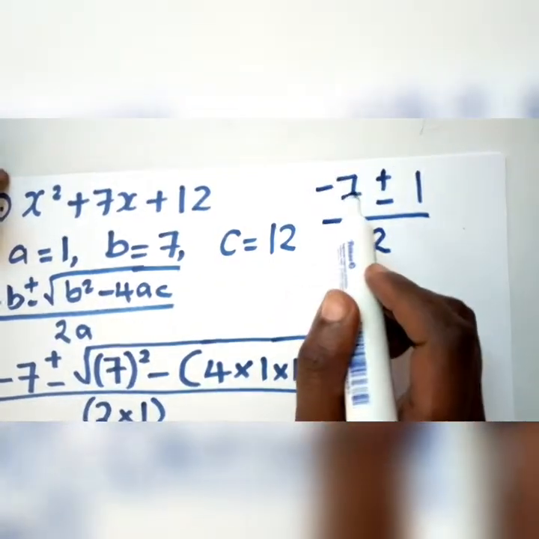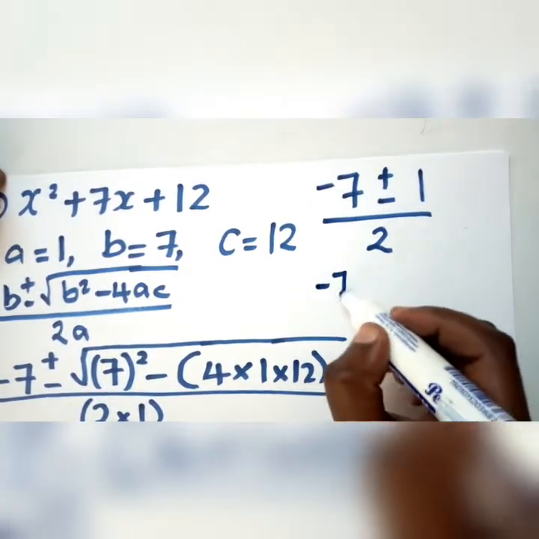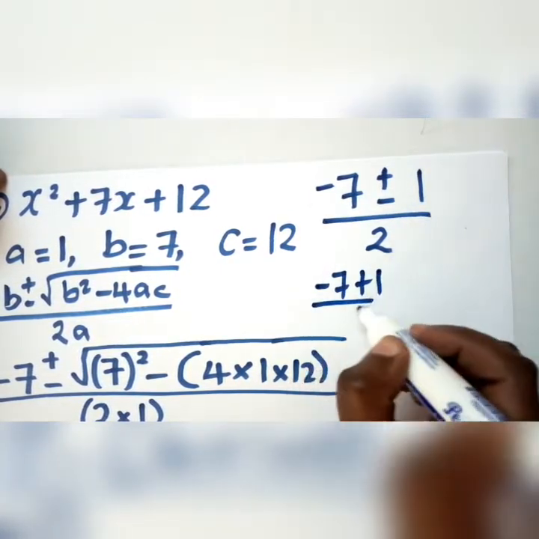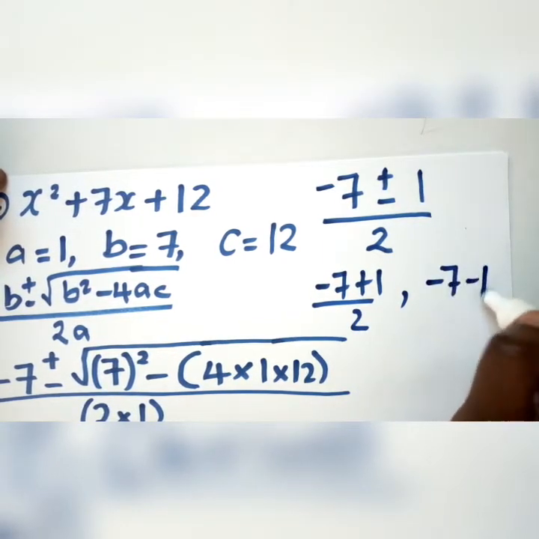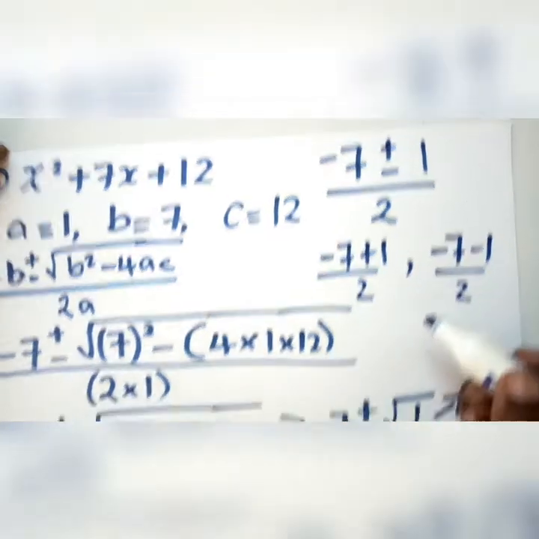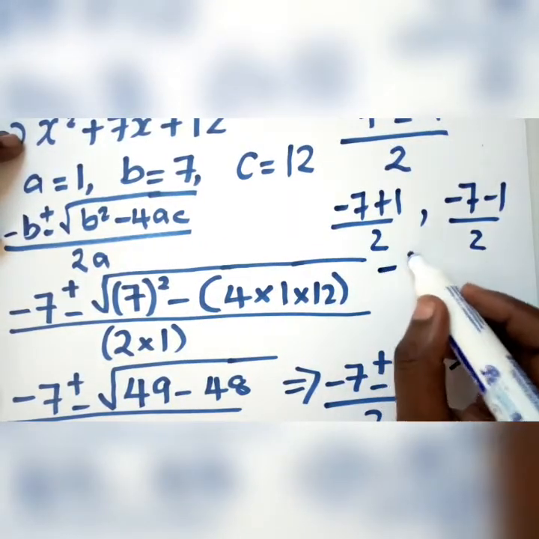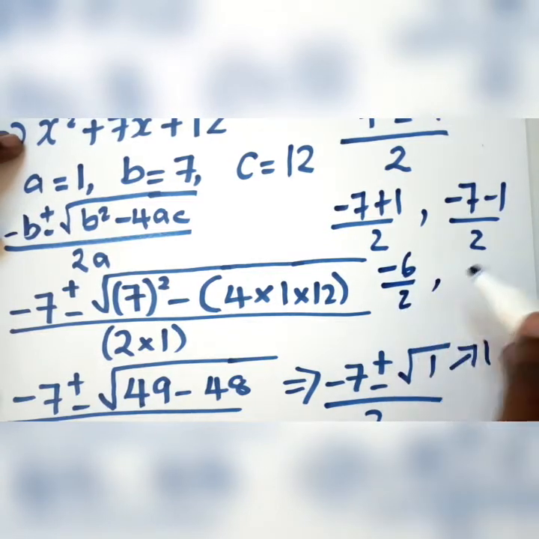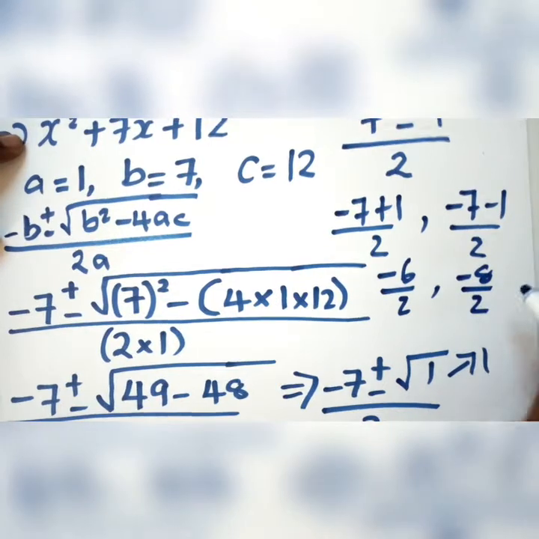The first answer will be minus 7 plus 1 all over 2, and the other one will be minus 7 minus 1 all over 2. Then minus 7 plus 1 is minus 6, divided by 2. Minus 7 minus 1 is minus 8, divided by 2.